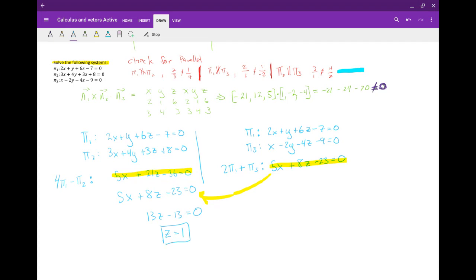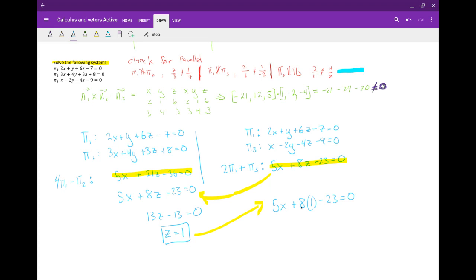Oh my, that's spectacular. Now that z is 1, I'm going to take that information and plug it into this section. I'm going to say that 5 times x plus 8 times 1 minus 23 equals 0.